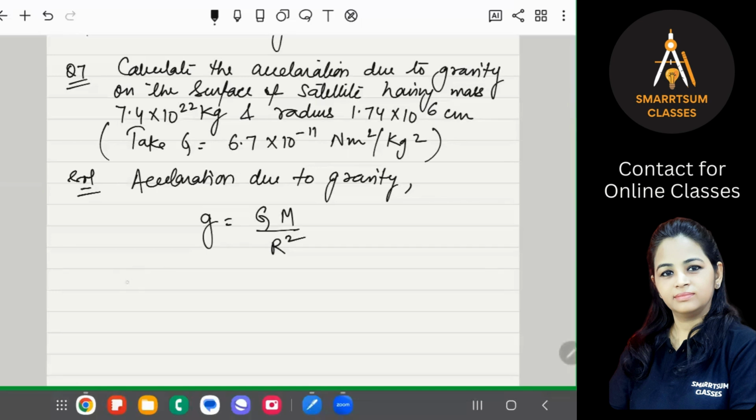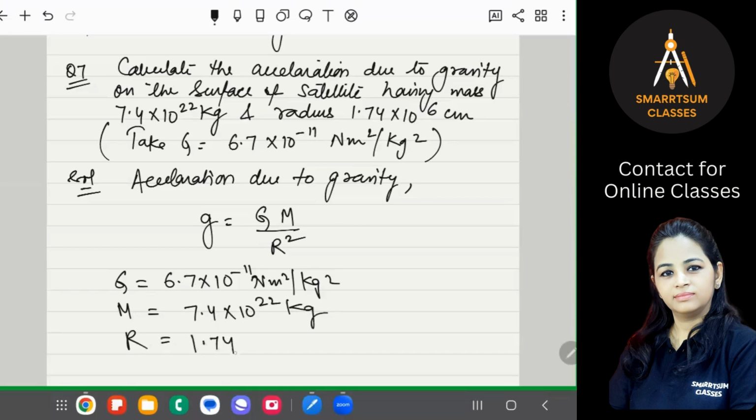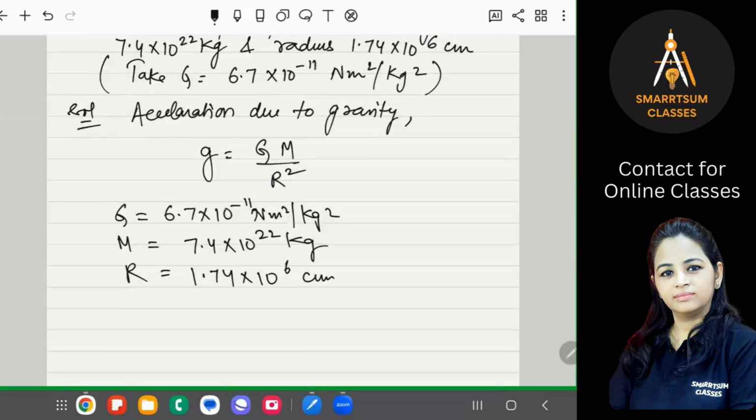So write down what is given here. Capital G value is already given, 6.7 into 10 power minus 11 Newton meter square per kg square. Mass of satellite is given as 7.4 into 10 to the power 22 kg. R, the radius of the satellite, is 1.74 into 10 to the power 6 centimeter. This is in centimeter, so we need to convert it into meter.